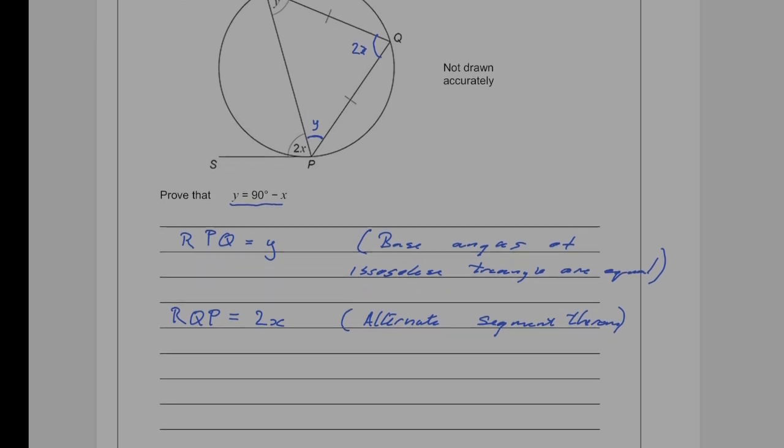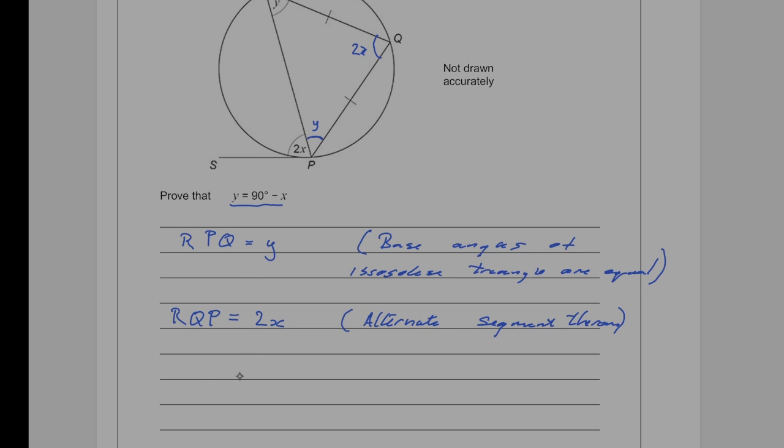And then based on that, I can say that 2x plus y must be equal to 180. And it's angles in a triangle, angle sum of a triangle is 180 degrees.